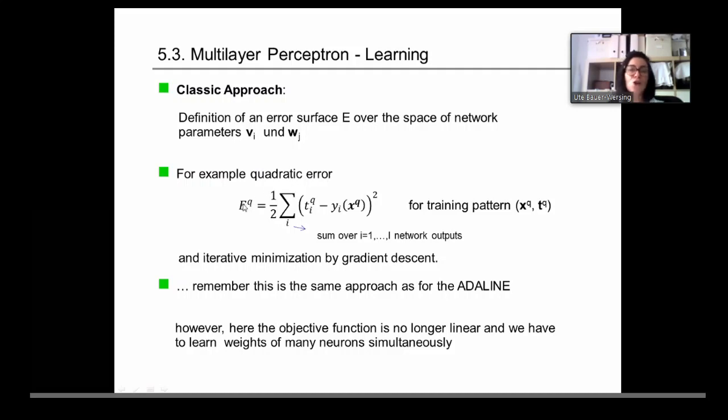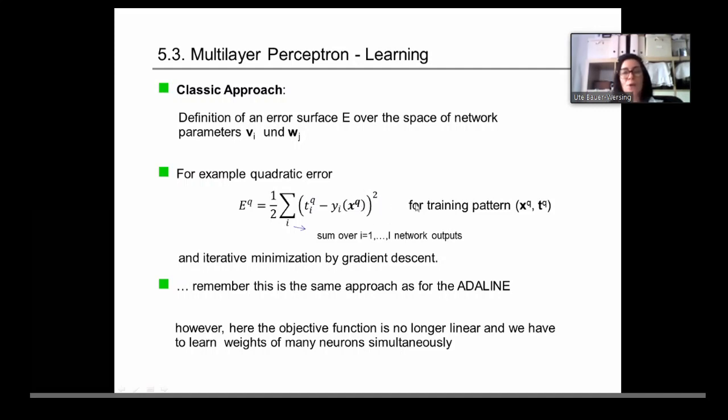For each training sample xq, we can define an error surface Eq. We sum over the outputs of the network, and we subtract the current output of the i-th neuron from the target value of the i-th neuron, and we square it.